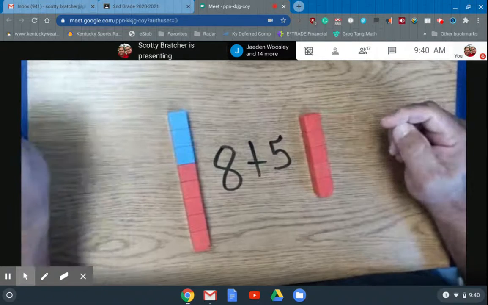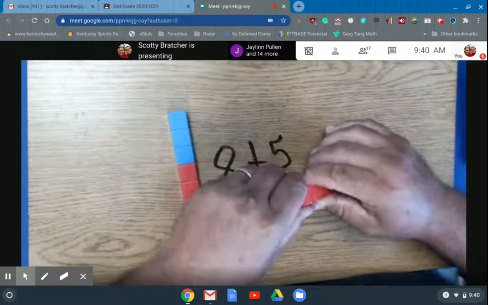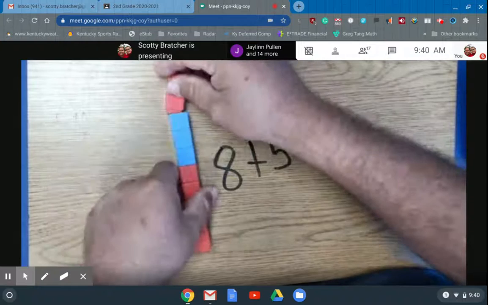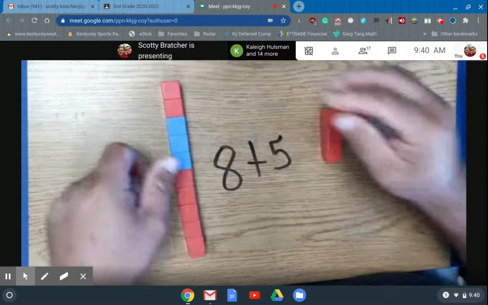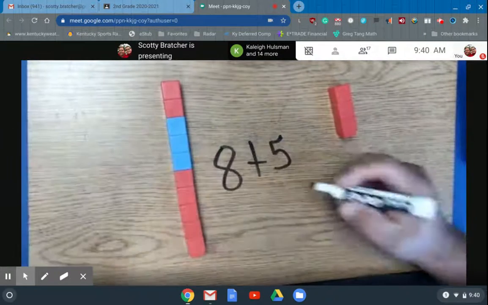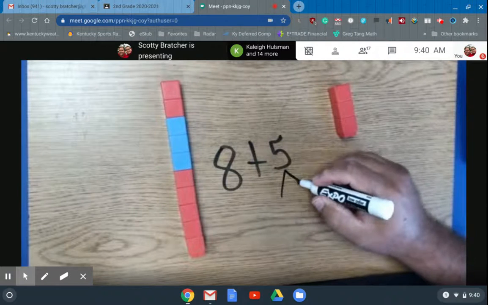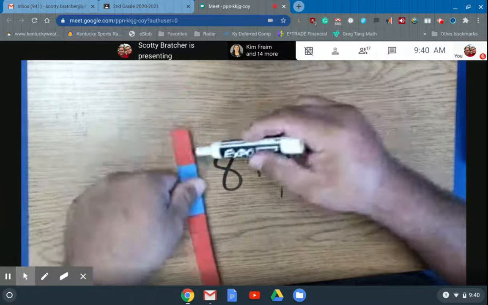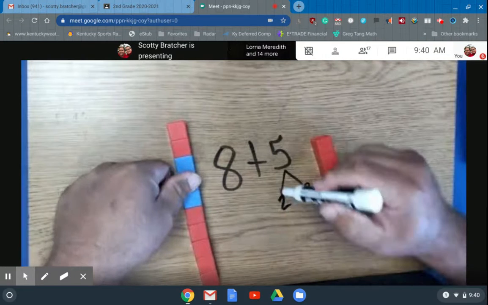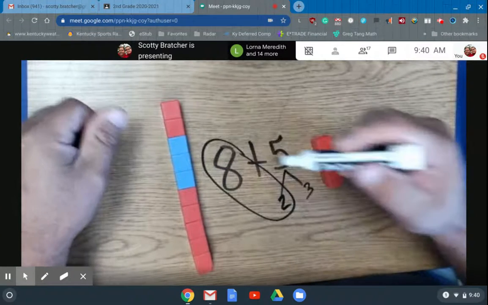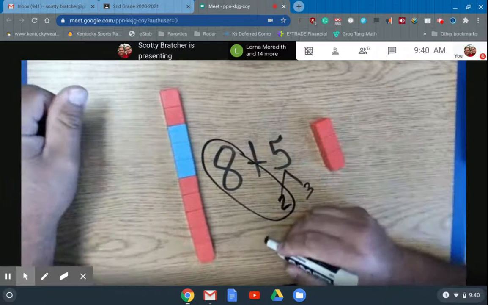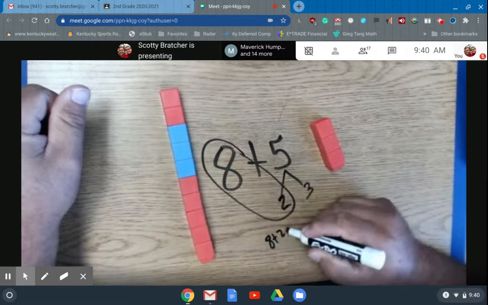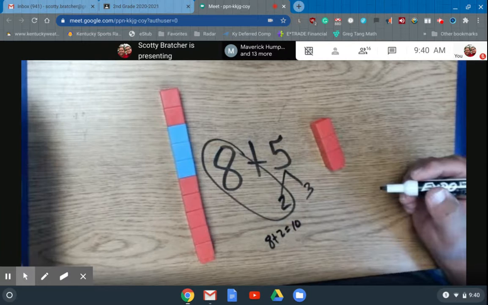Zoe told me to take 2 out of the 5 to put over here with the 8, and it makes 10. So I've got 3 over here, and I took these 2 and put them with the 8. So I had 8 plus 2 equals 10.